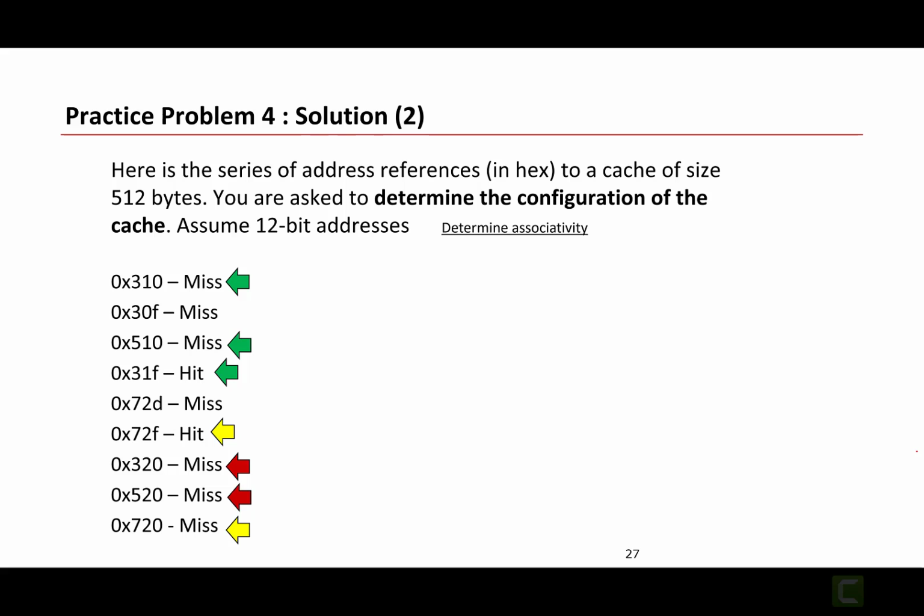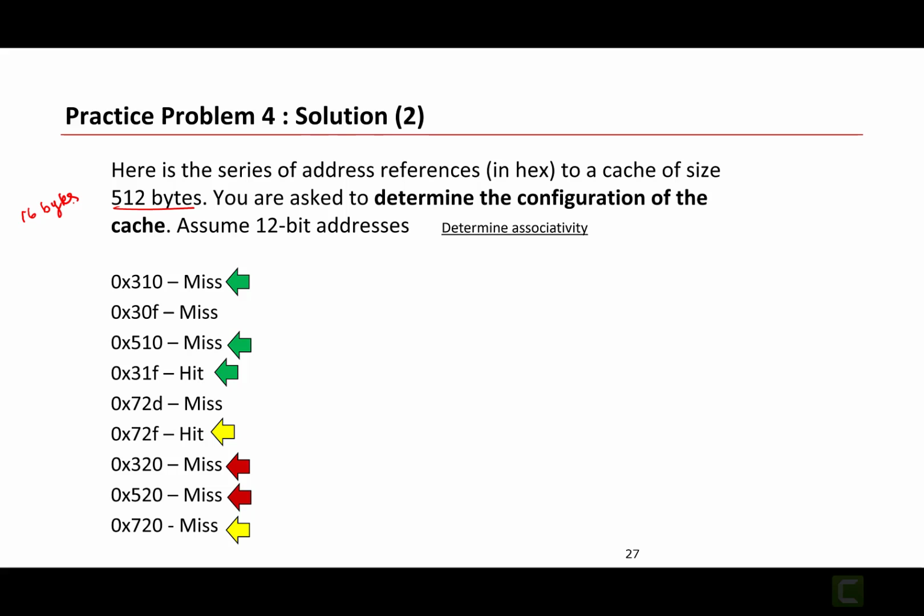Now let's figure out what the associativity of this cache should be. We know that in addition to the 512 byte cache size, each block is of size 16 bytes. To figure out the associativity, again, there is no standard procedure, but one strategy is to try the direct mapped cache and see if it is consistent with the hit-miss pattern given to you.